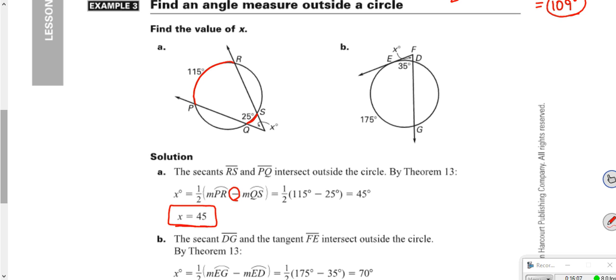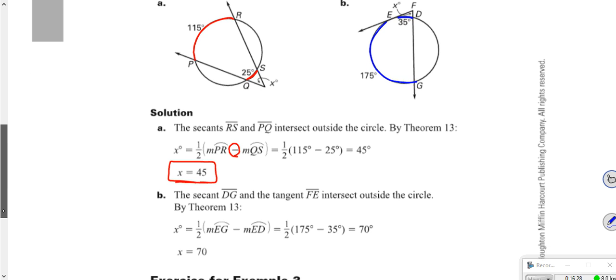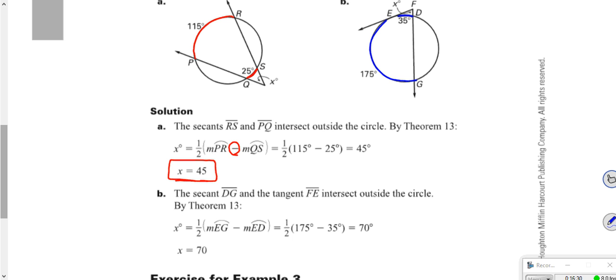Okay, now on part B, we're talking about a secant and a tangent. So again, we're still looking at measure of angle X, and again, here's our one arc, here's our other arc. They've got here 1/2 the measure, again, parentheses. Don't forget the parentheses.